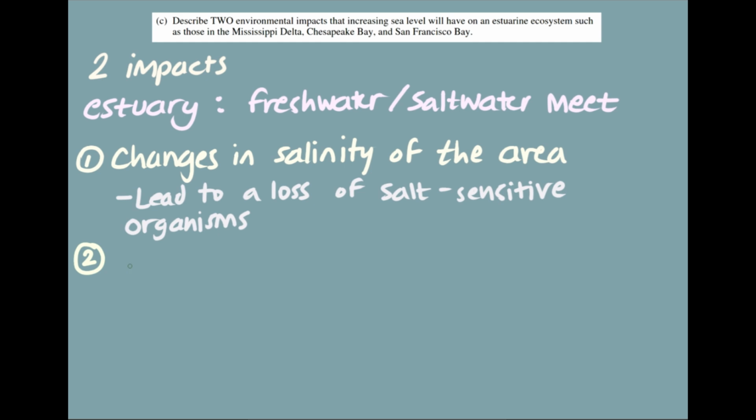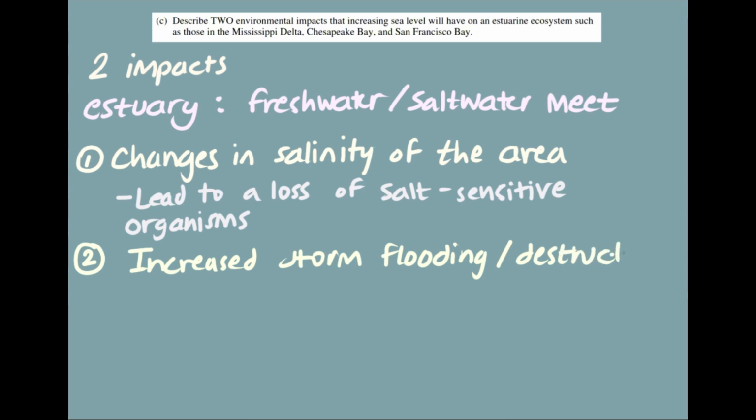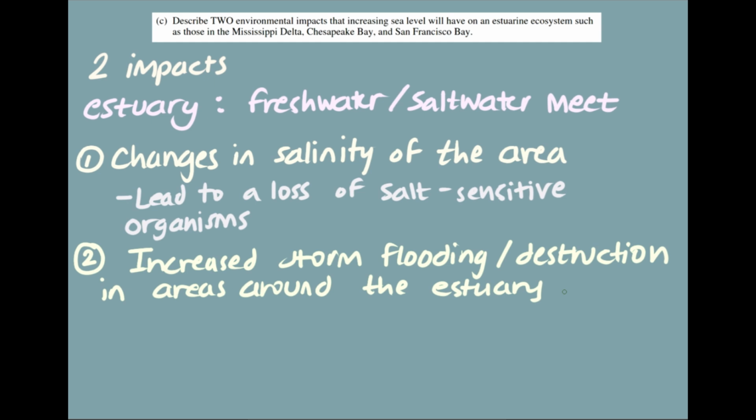So a second impact could just be increased storm flooding, or if you want to say destruction, that would work as well, in areas around the estuary. And so just like we said here, describing that.